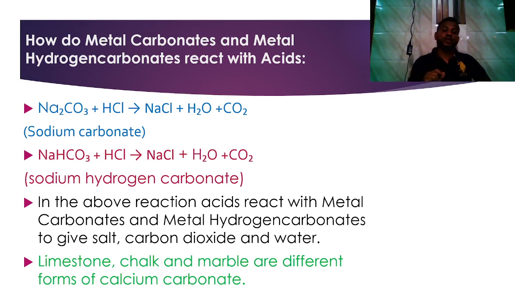Look here, Na2CO3, when it reacts with HCl, hydrochloric acid, gives out NaCl, sodium chloride, plus water plus carbon dioxide. That is sodium carbonate reacting with hydrochloric acid. It gives out NaCl plus H2O plus CO2.